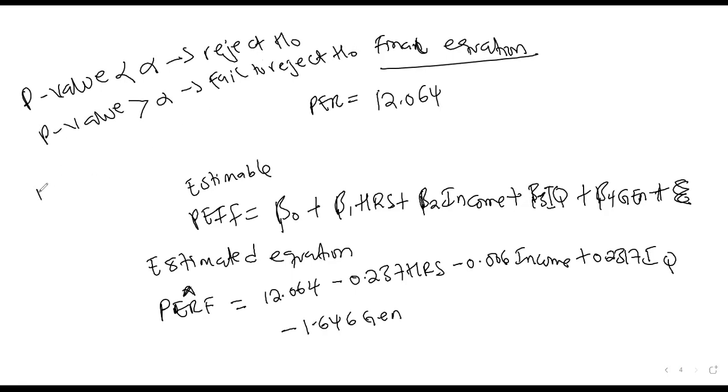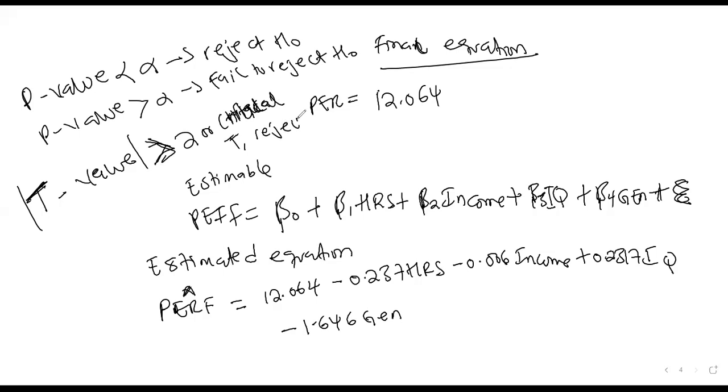That's for P. When it comes to T value or even Z value, when the absolute Z value is greater than 2 or any critical T, okay, we reject the null hypothesis. I've done this so many times using the graphs, so you should know this by now.